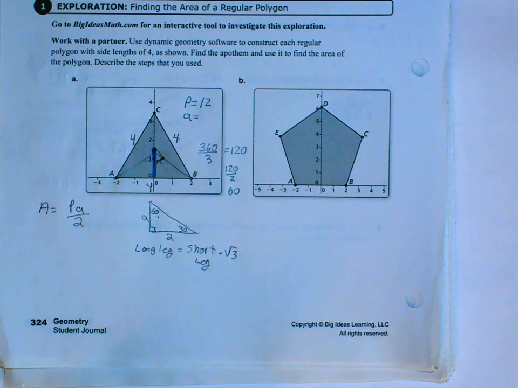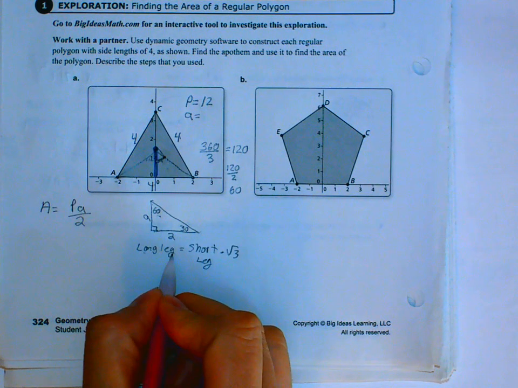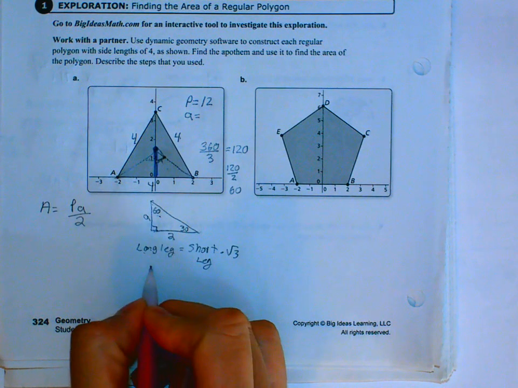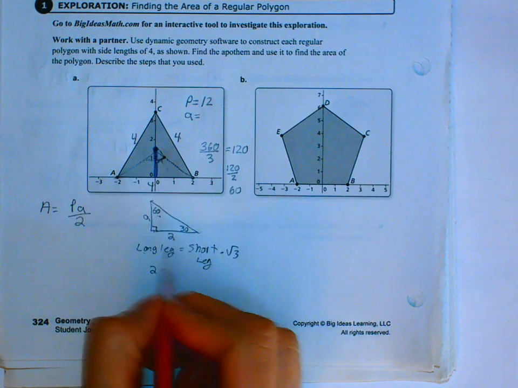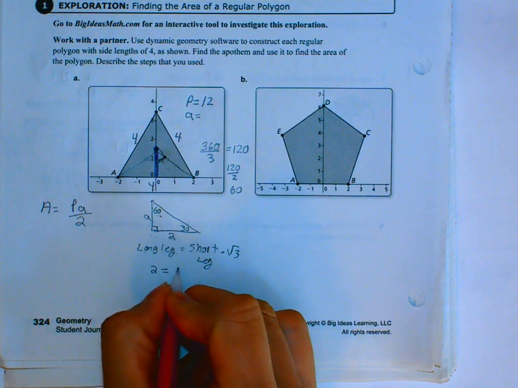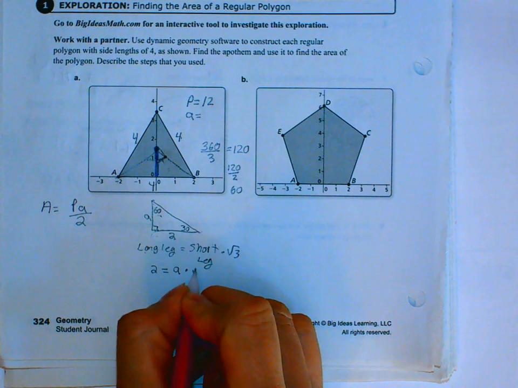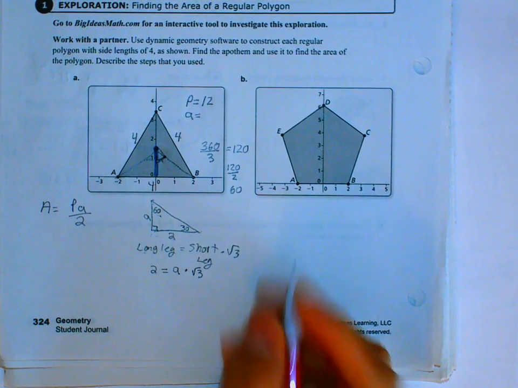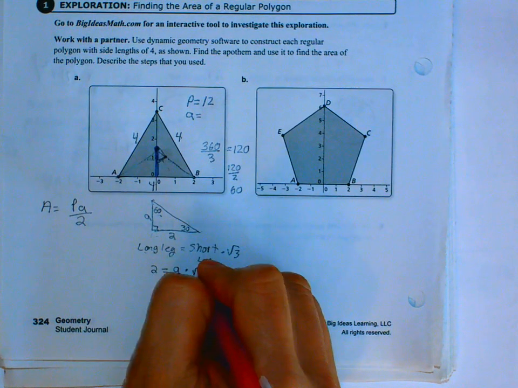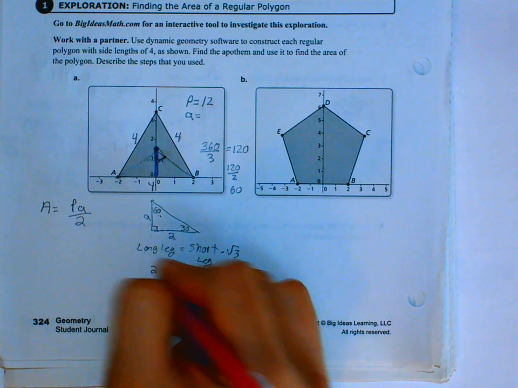So I'm just going to plug in the numbers. The long leg happens to be 2. The short leg, that's my apothem. I don't know what that is, but I do know that it's times radical 3. So now I'm going to divide by radical 3.